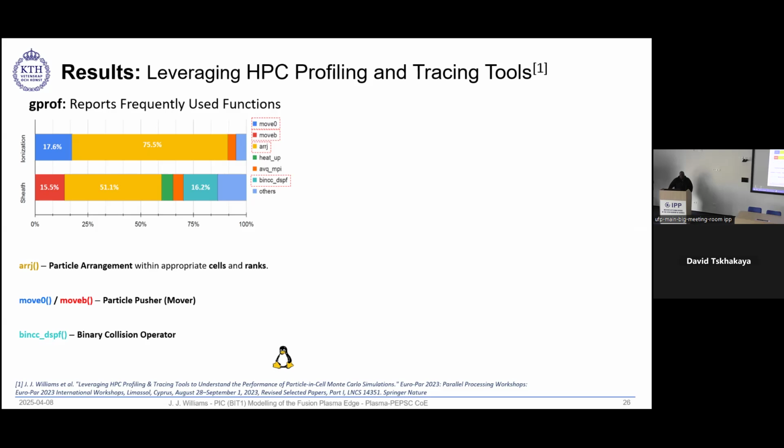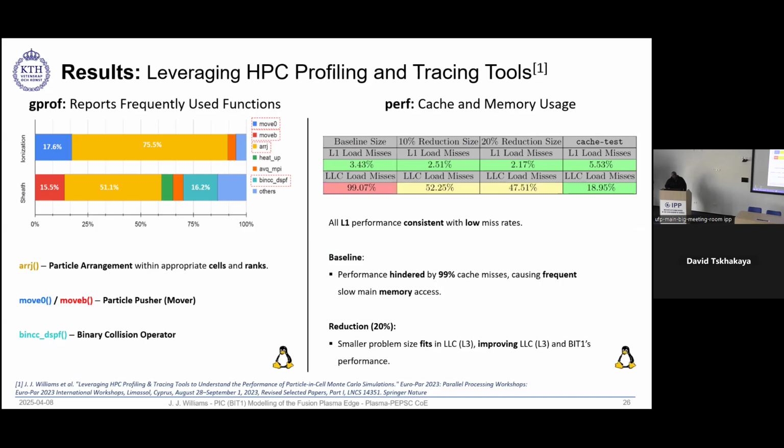That's the automatic case. Then when we used perf, we asked, okay, what about memory usage and cache hits? On the screen you see baseline, 10%, 20%, and cache hit.